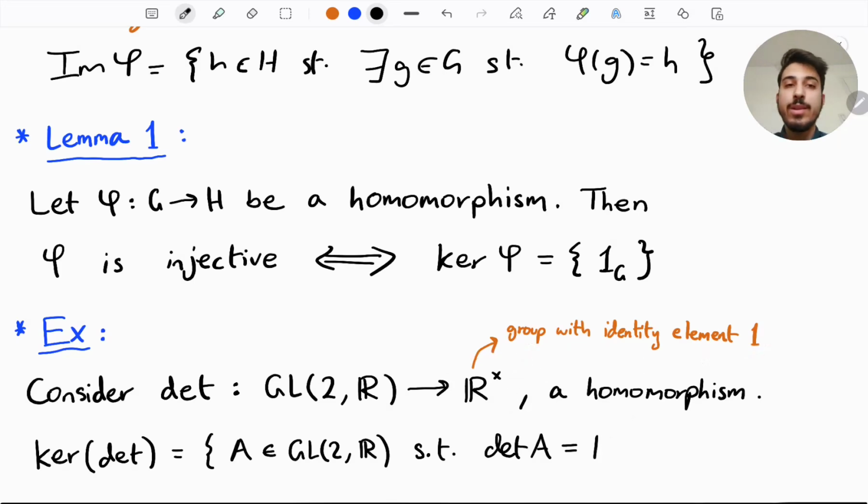So all the matrices where the determinant gives you 1. And if you have noticed, this is exactly the definition that we've seen before, SL2(R). We've seen this in lesson 6. It's the special linear group of order 2 with coefficients in R.